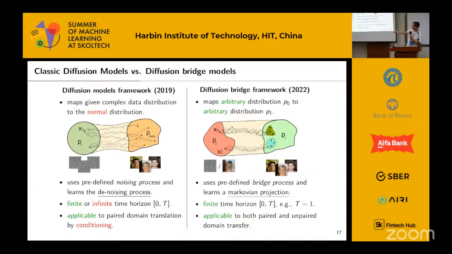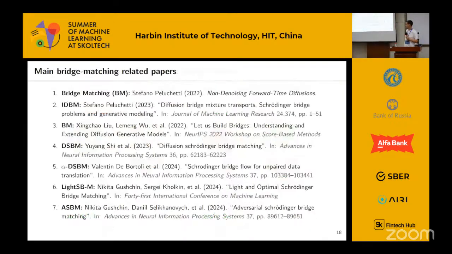In diffusion bridges, the time horizon is always finite, from 0 to T by construction. And compared to diffusion models, diffusion bridges are applicable both to the paired data setting, paired domain translation, and to the unpaired one. We're going to talk today about how to do it.